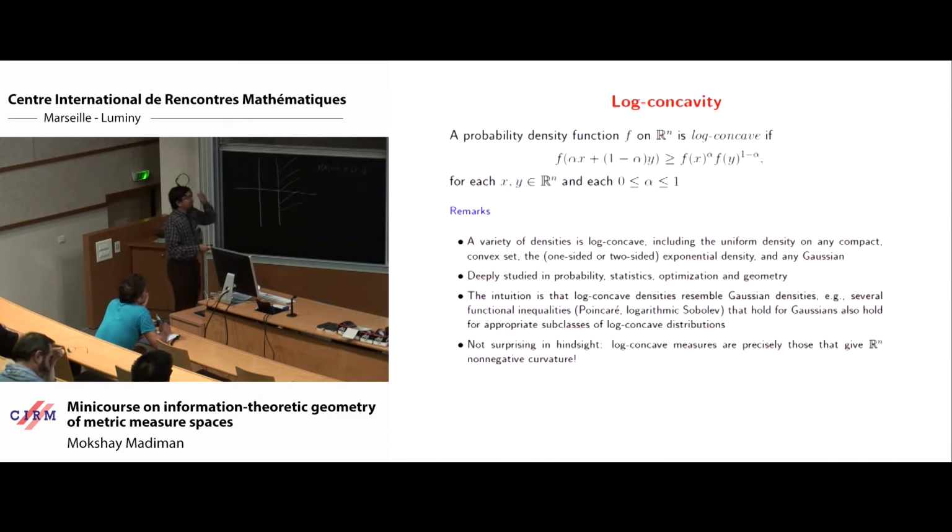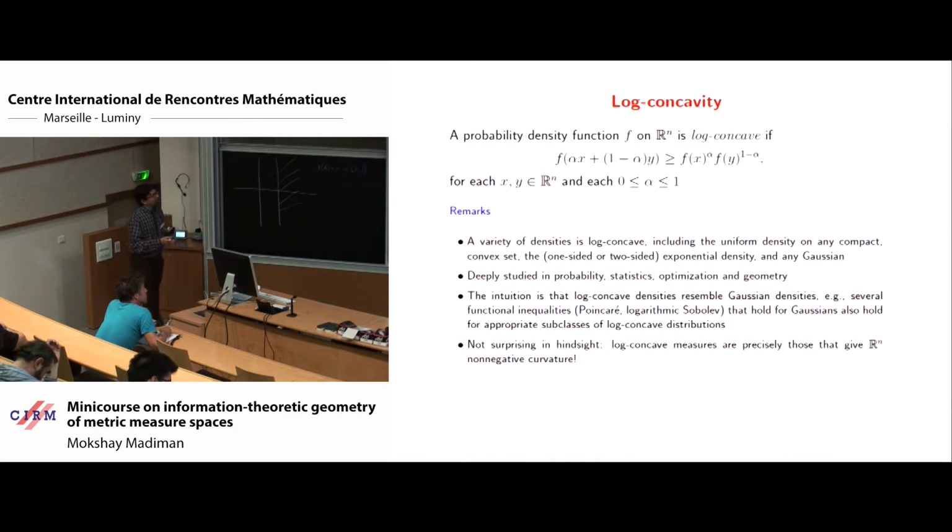We say that a probability density function on Rn is log concave if the logarithm of f is concave, which could be written in this way: f of a convex combination is greater than or equal to the geometric mean of the values of f at two points. Another way of saying this is that f is log concave if f is of the form e to the minus u, where u is convex.